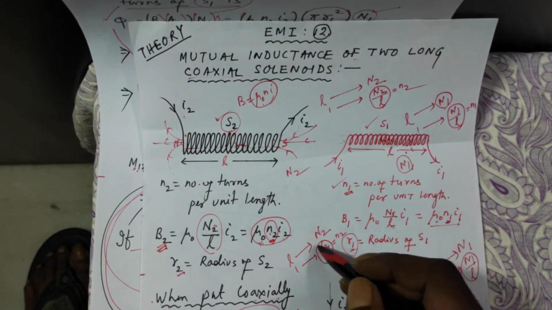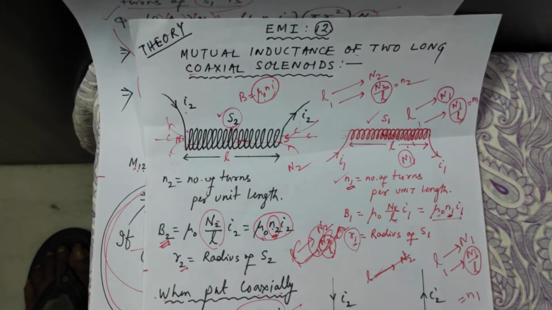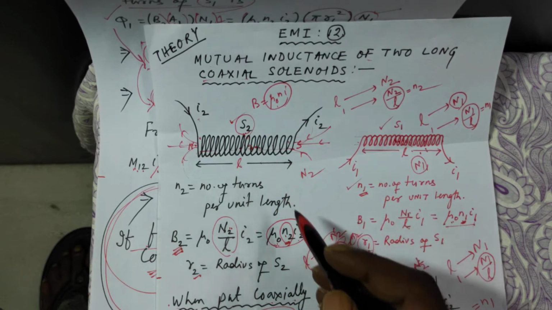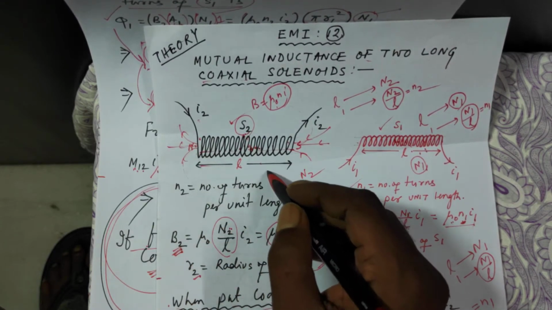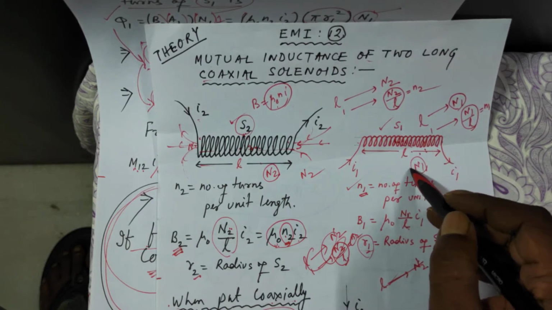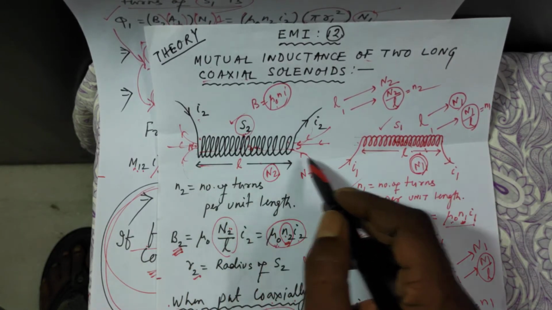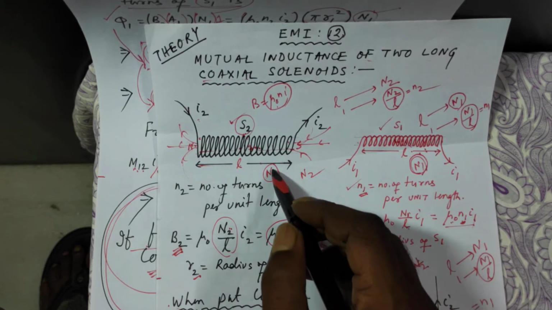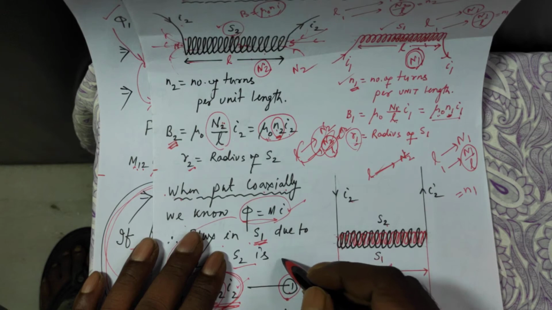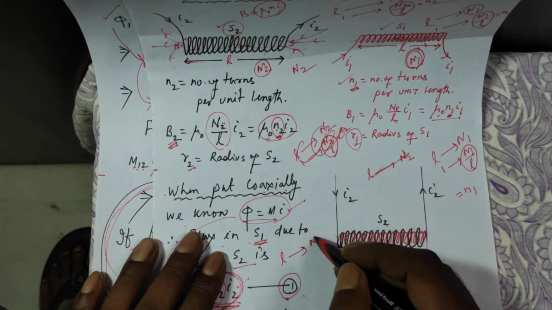Let me rewrite again here. It was not visible. For this, total number of turns is capital N2. For this, total number of turns is capital N1. Here the length is same. So here, in length L, total number of turns is equal to N2.